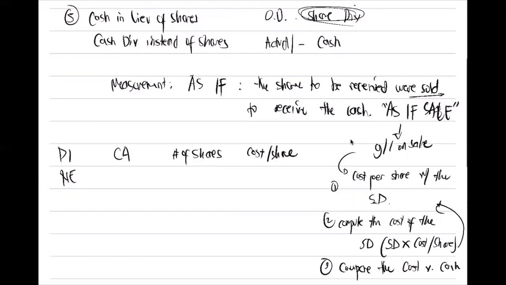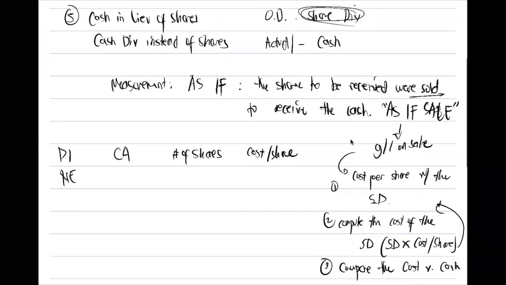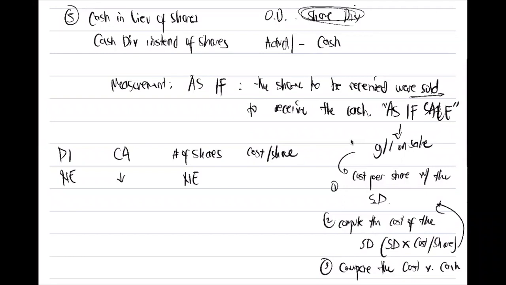It will only be through a memorandum entry. So no effect on your dividend income. As to your carrying amount, of course, it will decrease. Number of shares, no effect. As to your cost per share, it will also decrease due to the new value of the shares received.